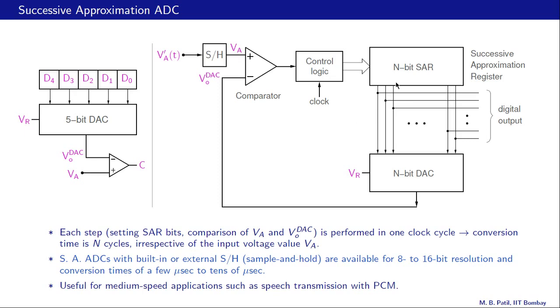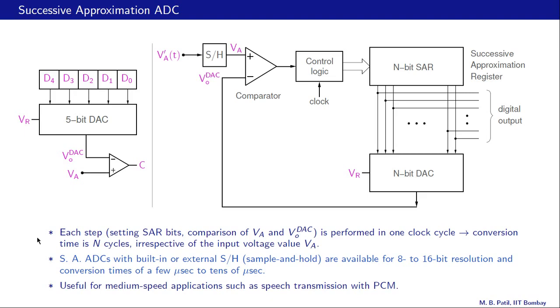The output of the n-bit successive approximation register, or SAR in short, is sent to the DAC, and it also serves as our final digital output when the conversion process is completed. So that is the overall block diagram of the implementation of the successive approximation ADC.